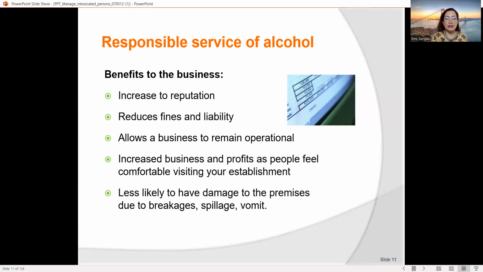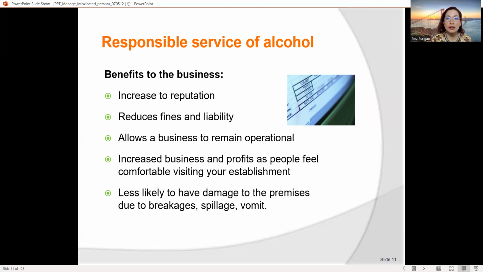Benefits to the business: increased reputation. If guests know that when they arrive at a certain establishment they are safe, the alcohol content is being regulated, and they are served and taken care of well.